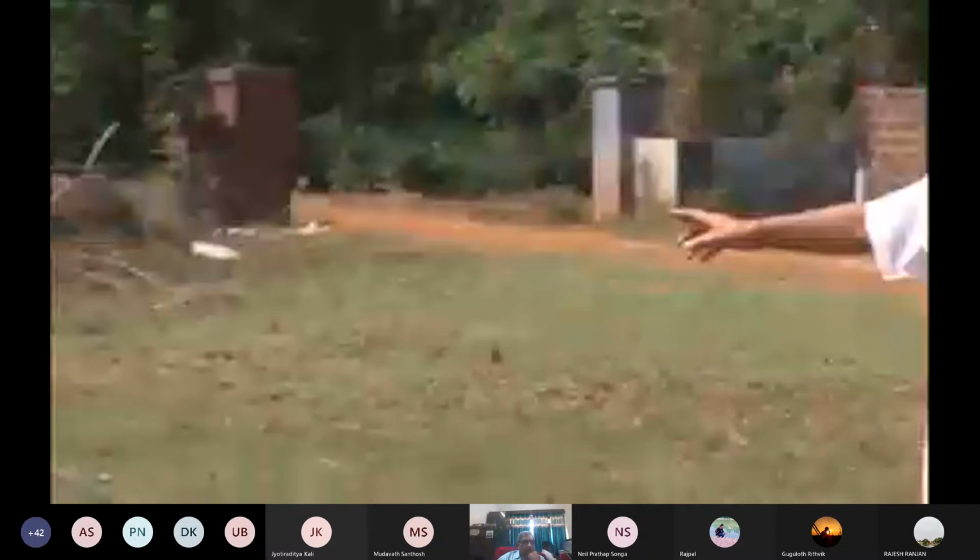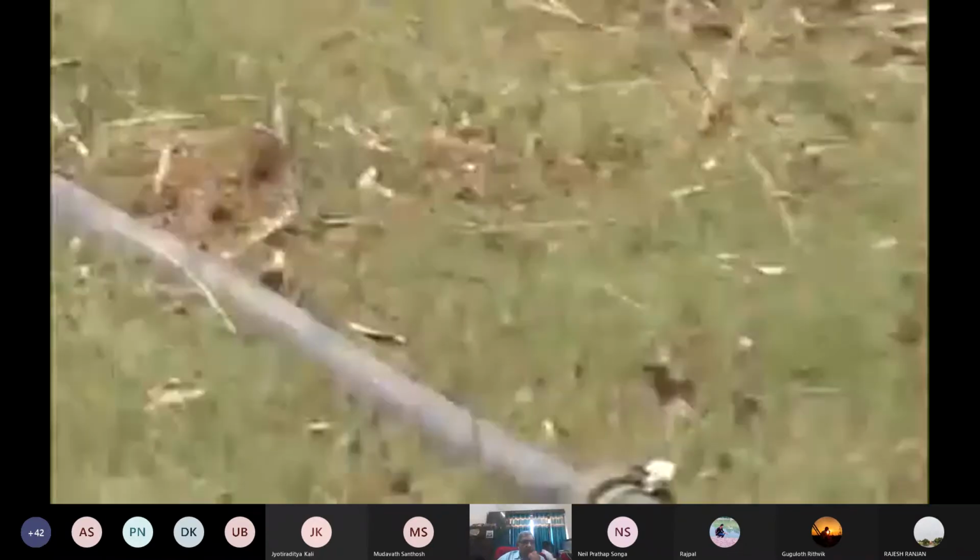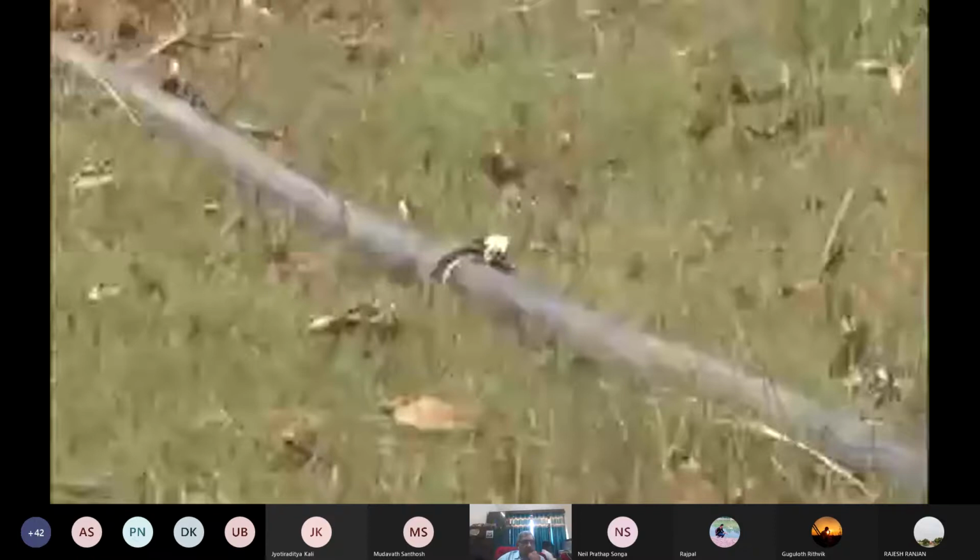So here we have taken water from the main pipeline, and then with the help of a 90-degree bend, a lateral pipeline has been joined. Now, as I told you, there is a coupler at an appropriate location. The coupler is used to attach a sprinkler at a place where we want to give irrigation.